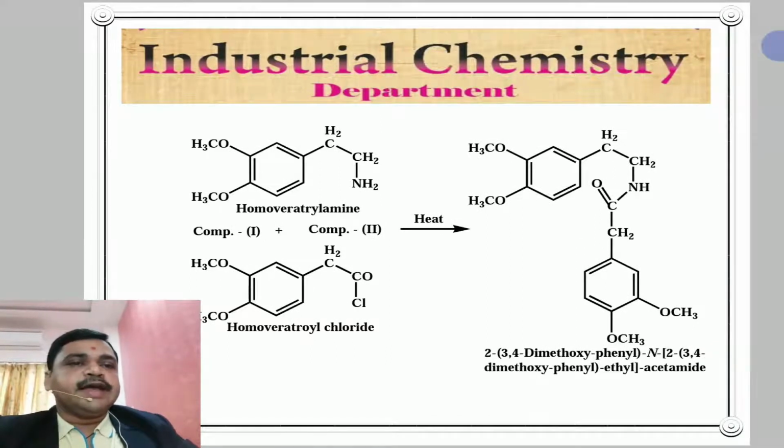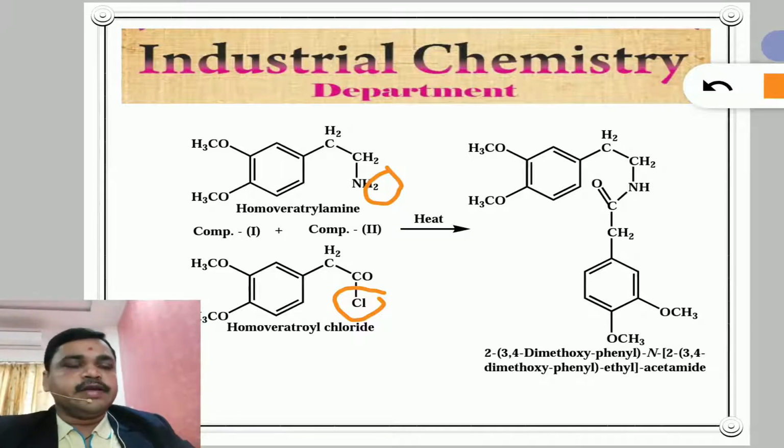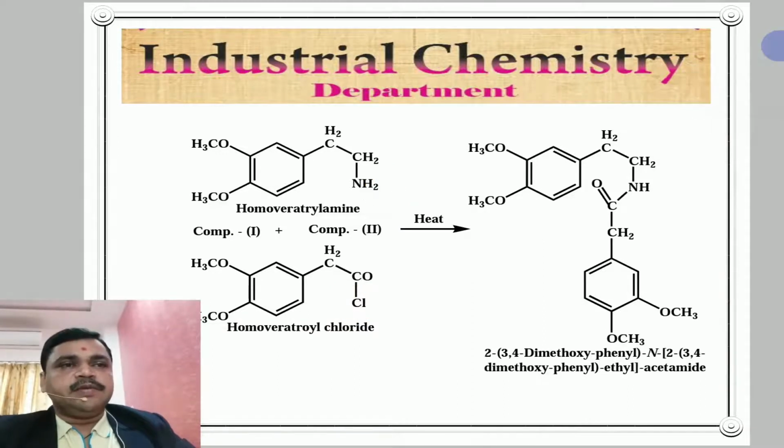So after condensation we get 3,4-dimethoxyphenyl ethyl acetamide. See the condensation: chlorine from here and hydrogen from here. HCl is removed and condensation takes place.